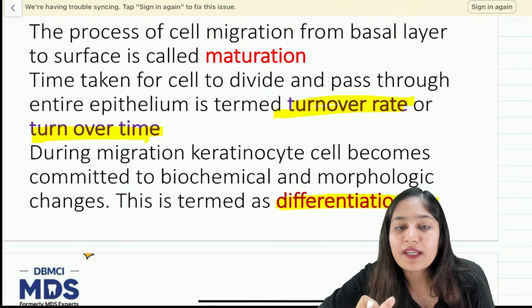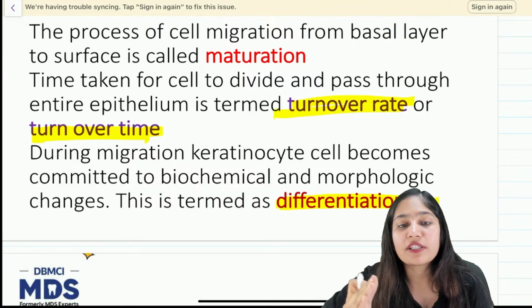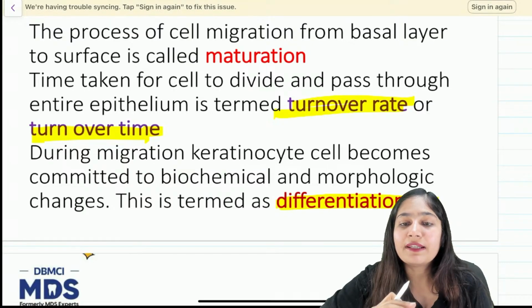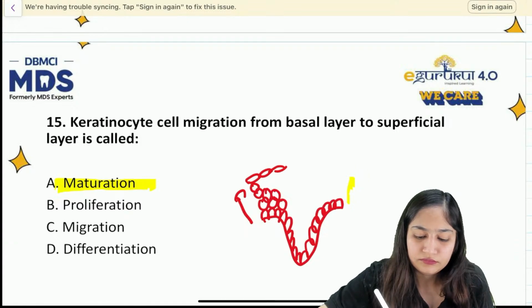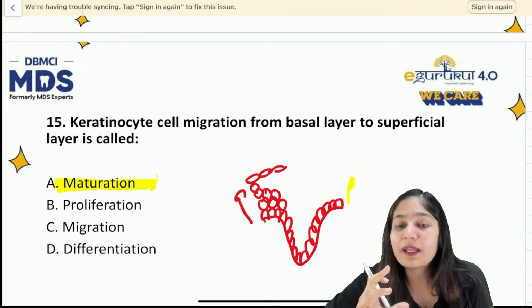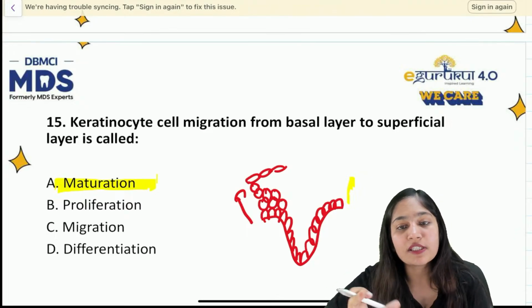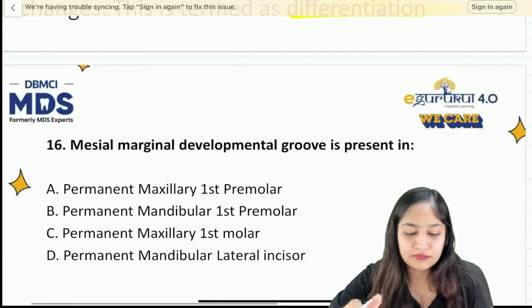During migration, the keratinocyte becomes committed to biochemical and morphologic changes, and this is termed differentiation. So this is the difference between maturation and differentiation. When the cell becomes committed and you can see the biochemical as well as morphologic changes, that is differentiation.